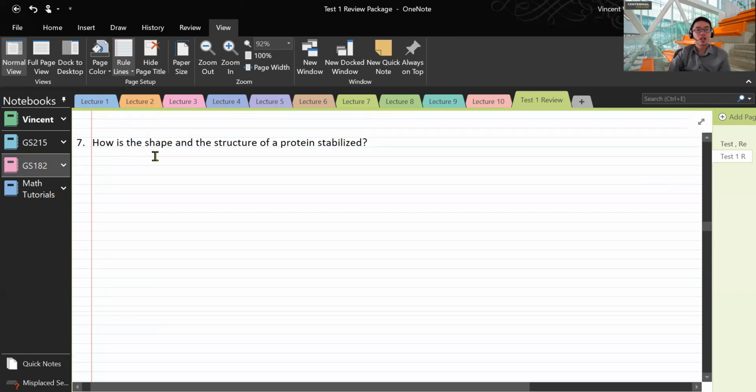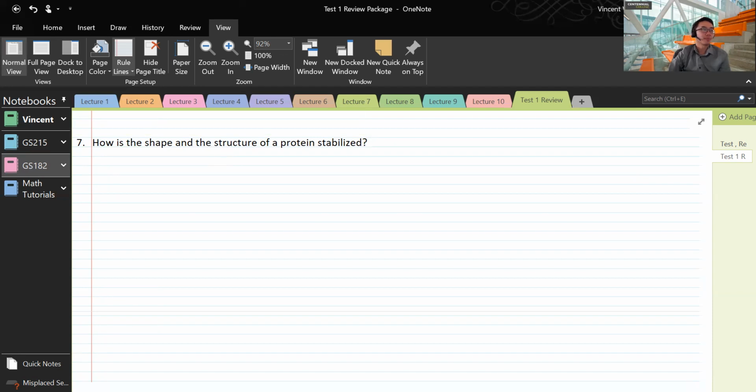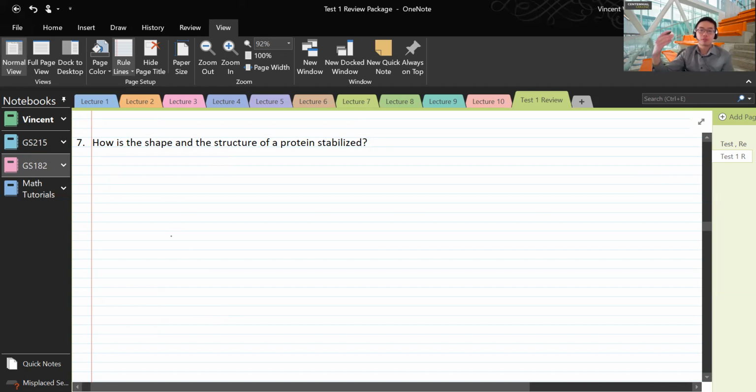Anyway, how is the shape and the structure of a protein stabilized? This is talking about the different levels: primary, secondary, tertiary, and quaternary. Let's go through that quickly.